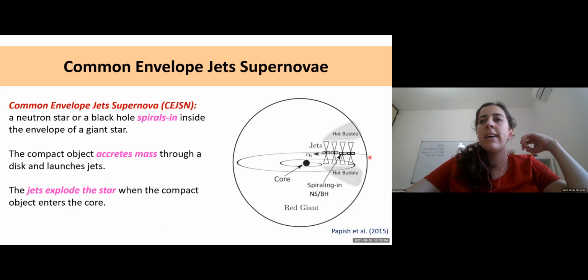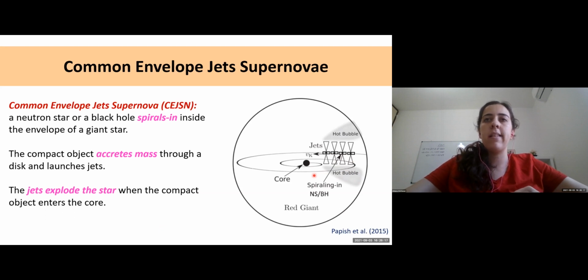When engulfed, they launch jets inside the envelope and later inside the core of the red supergiant through an accretion disk that is formed. The compact object spirals inside the red supergiant, and when it reaches the core, it launches very energetic jets that collide with the core and destroy it in an explosion that might resemble a core collapse supernova, and hence the name common envelope jet supernovae.